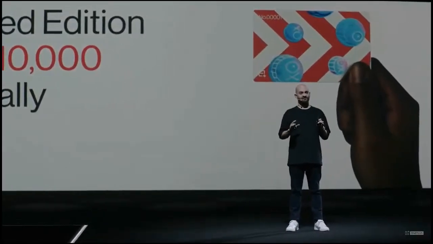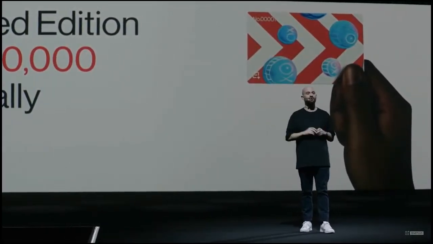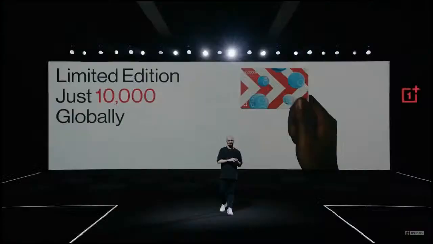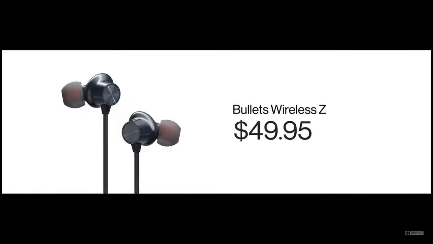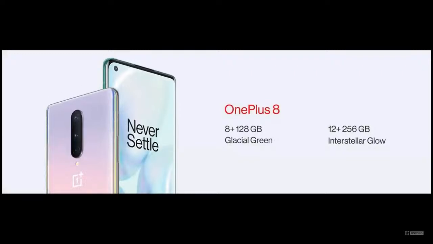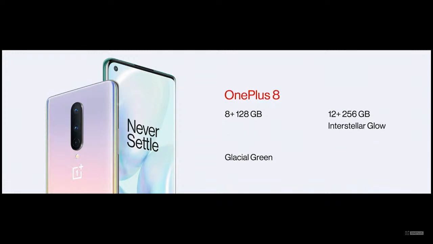Okay, finally, what you've been waiting for this whole time, prices. The Bullets Wireless Z earphones will be $49.95. And for the OnePlus 8, we've got 2 options for you. The 8 gigabyte RAM, 128 gigabyte version is $699.